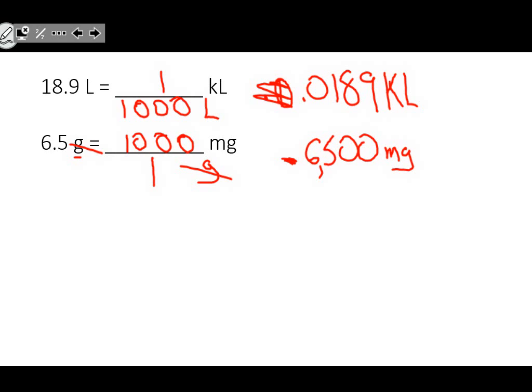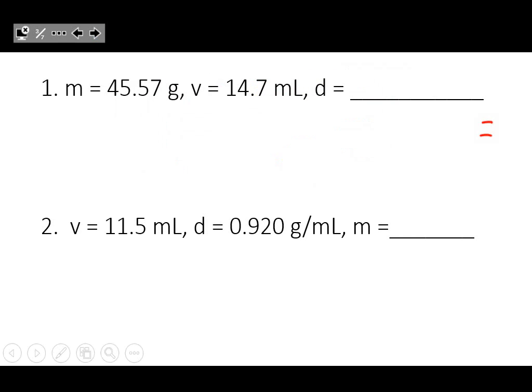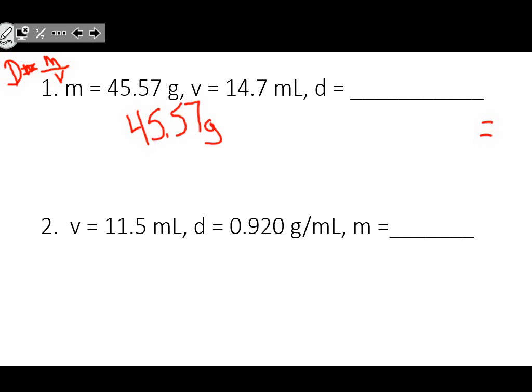That is our unit conversions from Unit 1. All right. Also in Unit 1, we had density. Remember, and this will be on your test, density equals mass divided by volume. Okay? So a very straightforward one to start out with. At 45.57 grams, I have 14.7 milliliters.